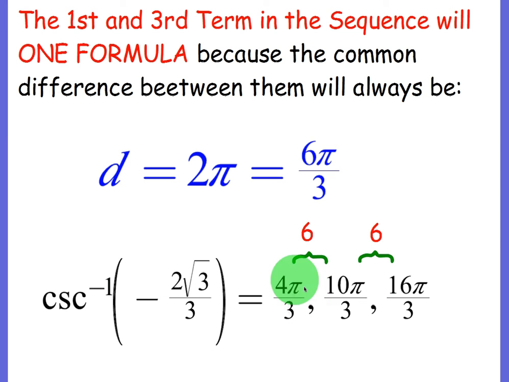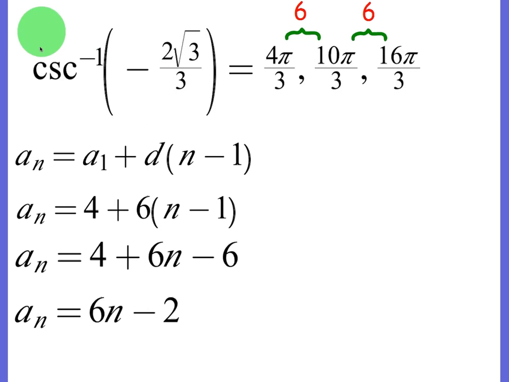So our first one is just by adding 2 pi, 6 pi over 3. This is our first three coefficients for 4 pi over 3. When we add 2 pi twice, we end up at the same exact coterminal angle. So that means cosecants will be the same. We just need to write a general formula for that.